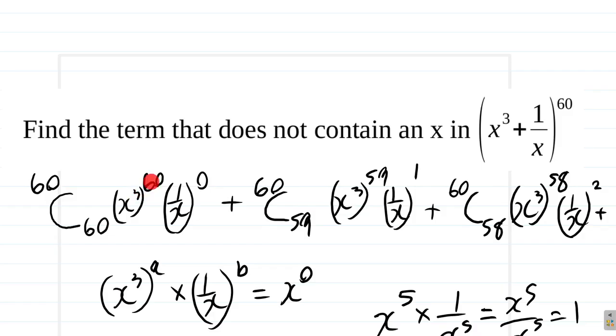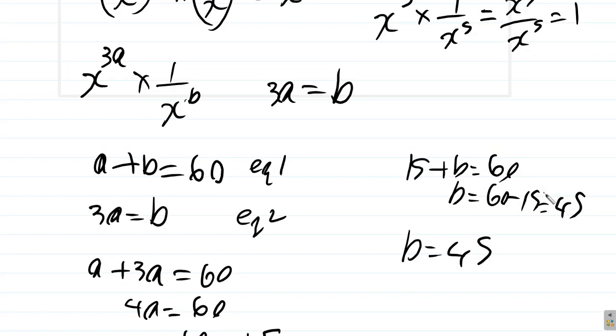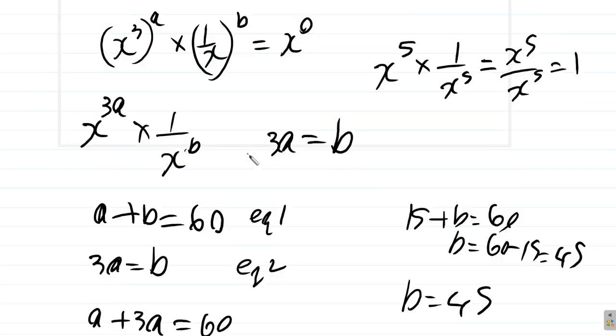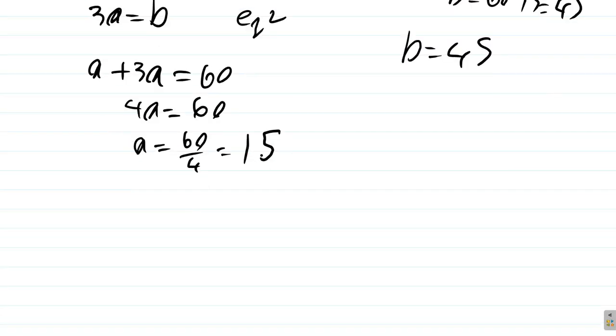So 60 x cubes multiplied, we have 60. There are 59 x cubes multiplied, we have 59. There are 58 x cubes multiplied, there are 58. So how many x cubes do we have? It's going to be a. So the coefficient will be 60 combination 15. All right.